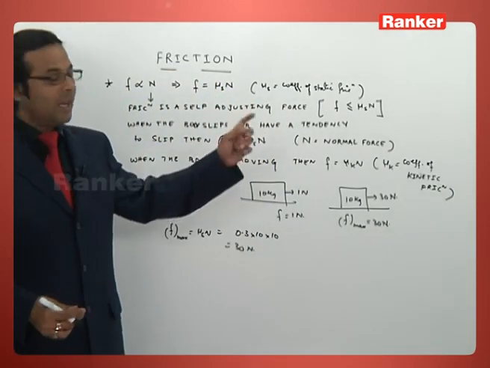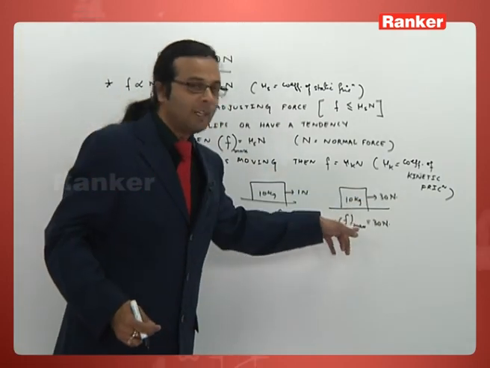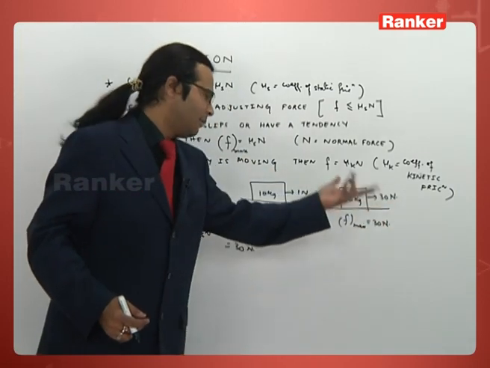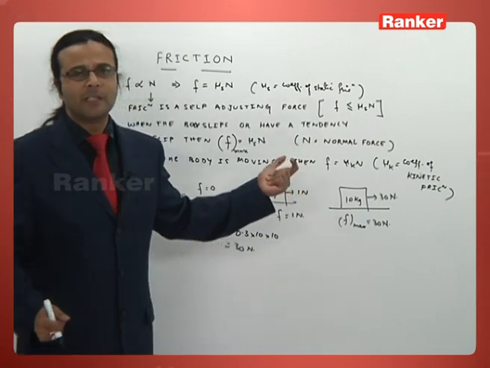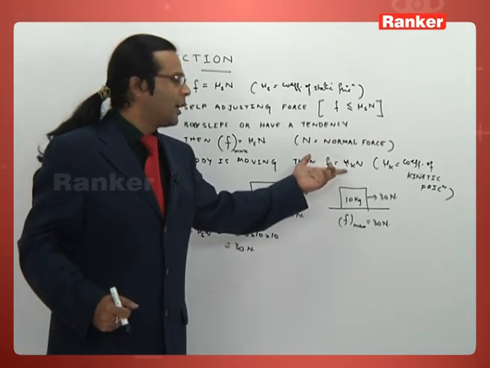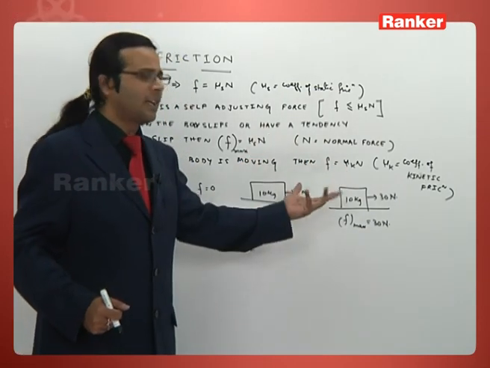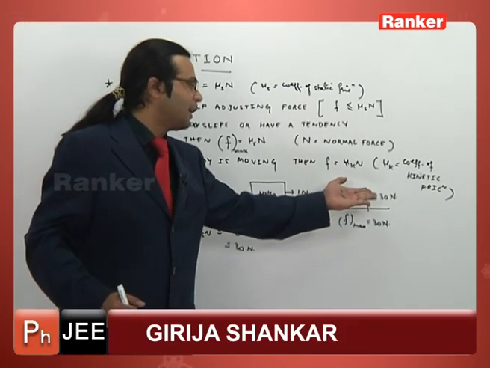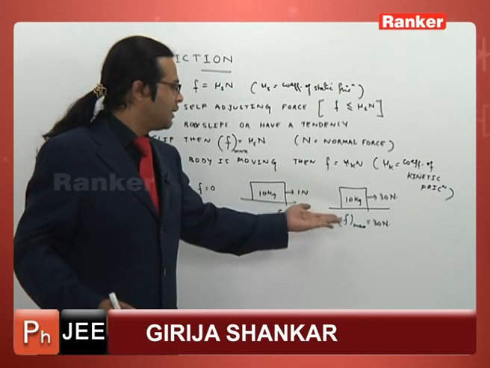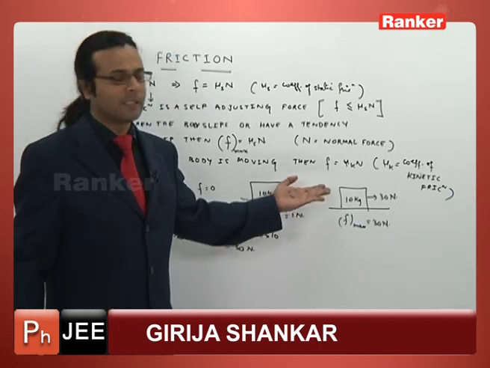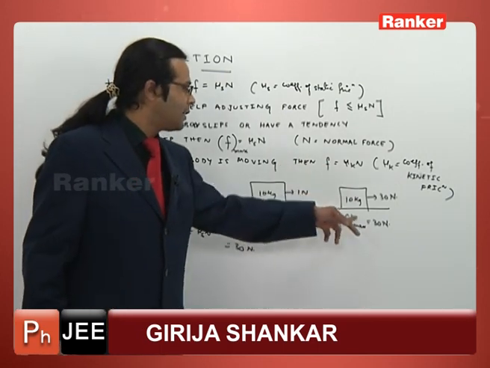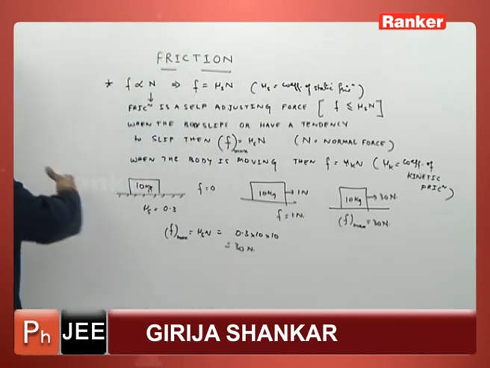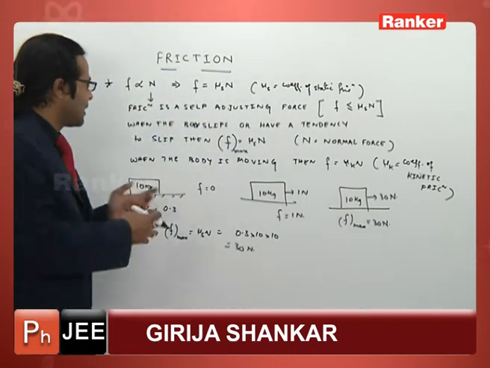Now if you apply more force than 30 Newton, the body slips, and if kinetic friction is given, we take F is equal to mu k into N, and there will be an acceleration. Suppose I am applying 35 Newton. If mu s is equal to mu k, the acceleration will be 35 minus 30 divided by 10.